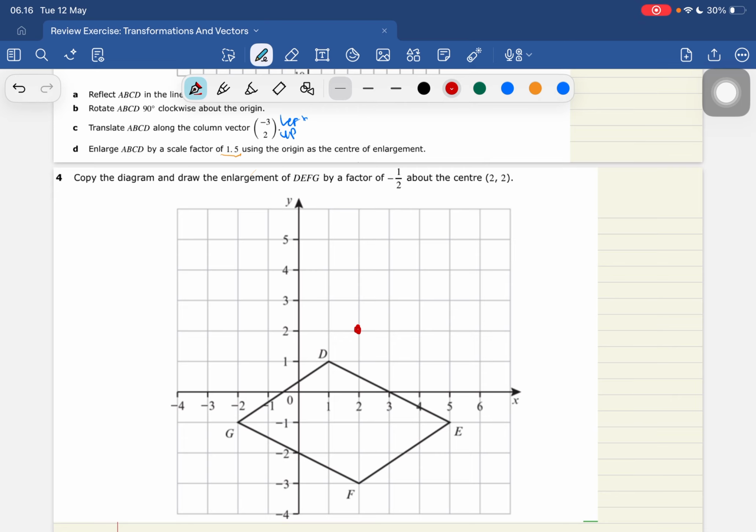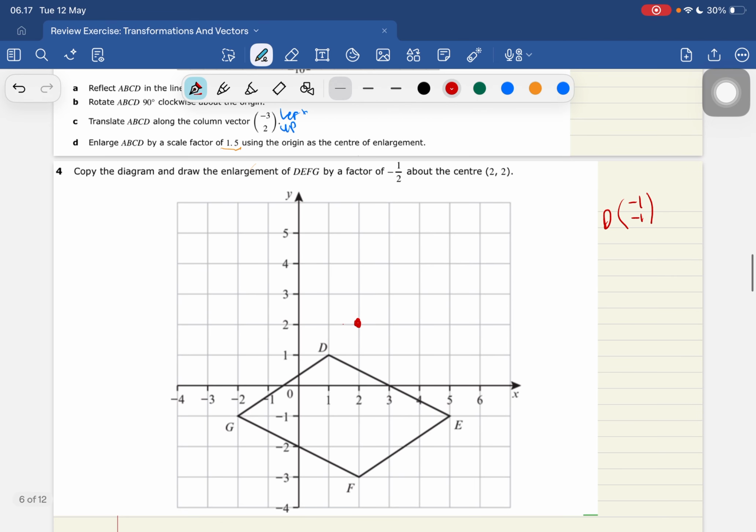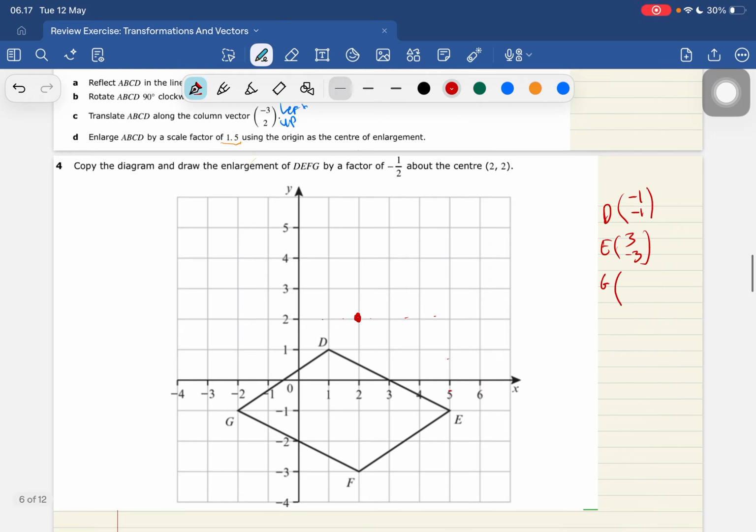Okay, take a look at each vertex. D: we move it left one and one down, so negative 1 and negative 1. E: we got 3 to the right side and then 3 down, negative 3. G: 4 to the left and then 3 down, so negative 3.